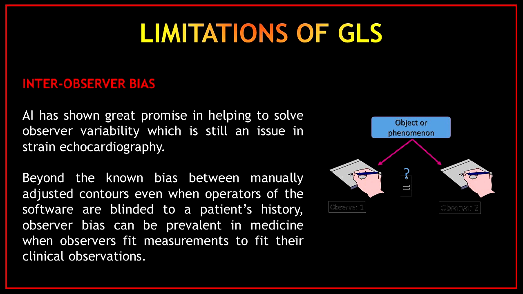Beyond the known bias between manually adjusted contours, even when operators of the software are blinded to a patient's history, observer bias can be prevalent in medicine when observers fit measurements to fit their clinical observations.